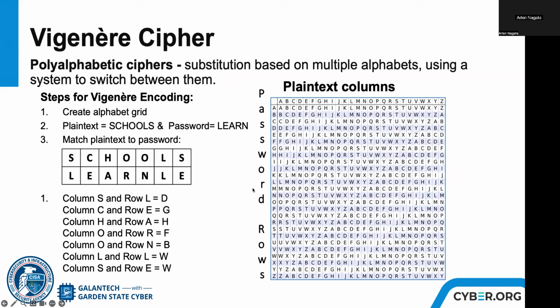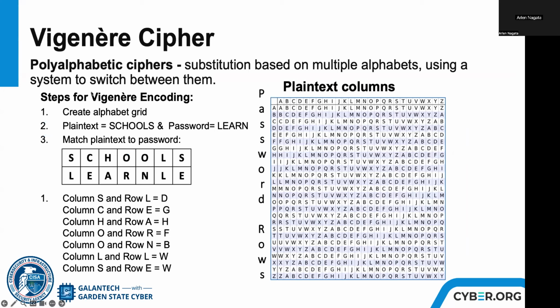Okay, maybe one last one, the Vigenère cipher. This is a very common cipher. It's kind of like a shift cipher, but each letter is shifted a different amount.